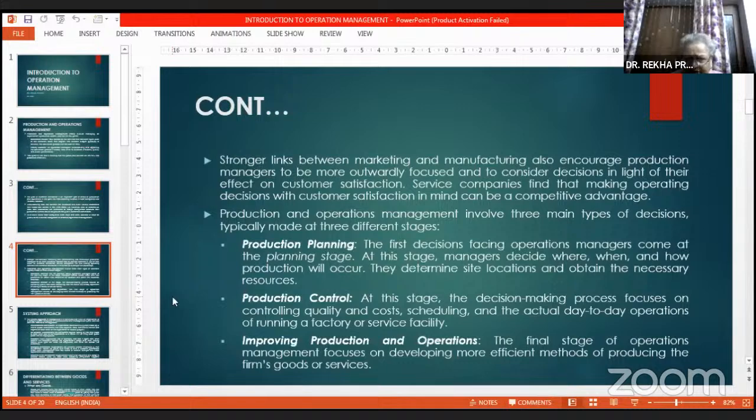Then there are political reasons also. There are manufacturing units in Gujarat, Haryana. But initially when it started, the Tatas were the first to start heavy manufacturing units. So they came all the way from Bombay to Jamshedpur, Jharkhand, to start this unit.